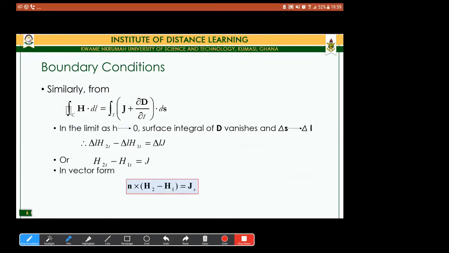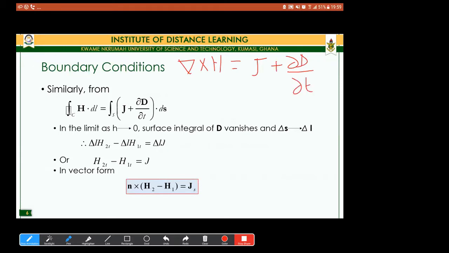Now we come to the magnetic field intensity. And just as we did for the electric field intensity, for the magnetic field intensity also, we start from curl of H equals J plus ∂D/∂t.